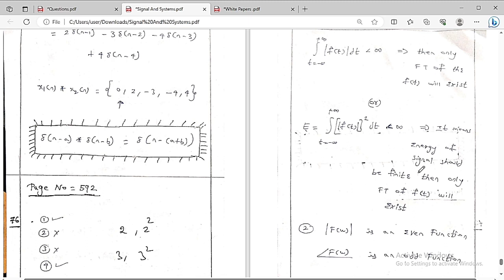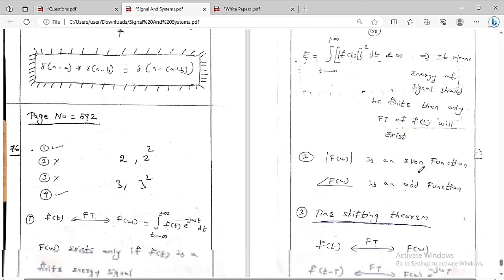What is the meaning of this? Very simple. If the given signal f of t is absolutely summable, we can say the given signal is an energy signal, then by default the Fourier transform is going to exist, meaning it is defined for each and every value of omega. The first statement is correct.